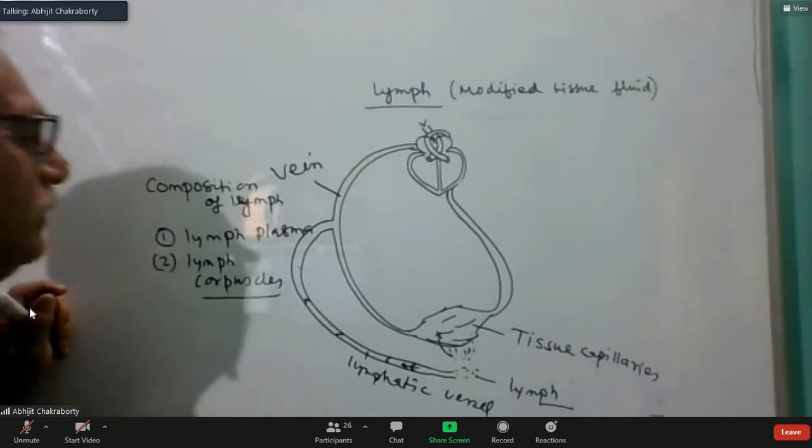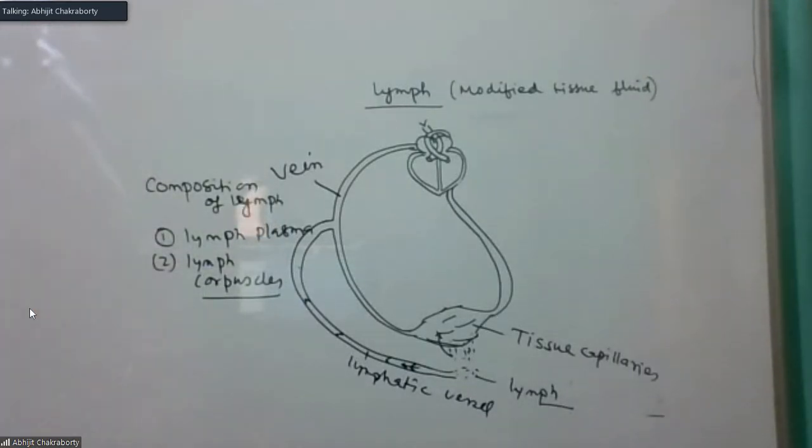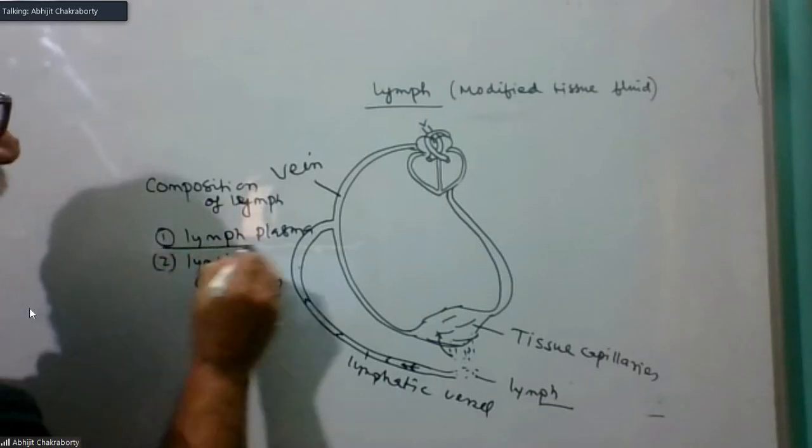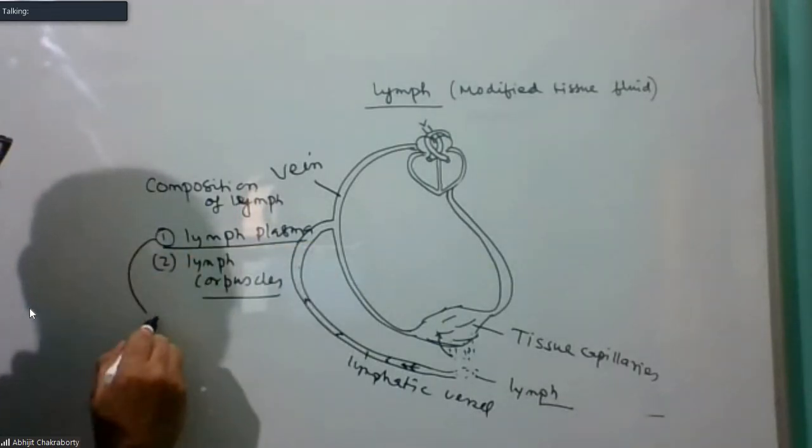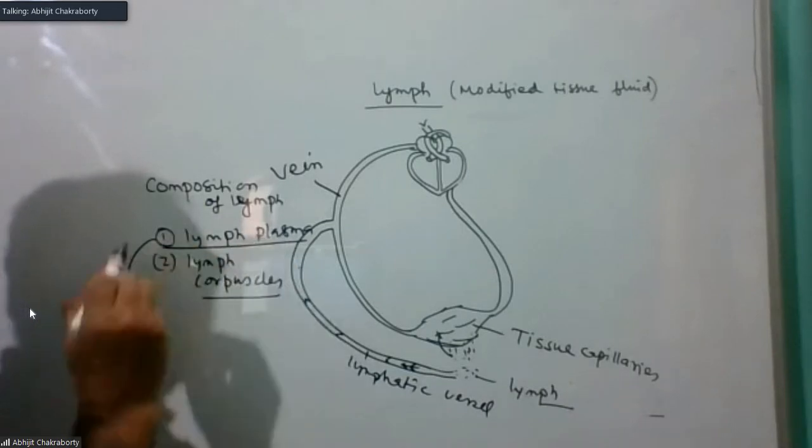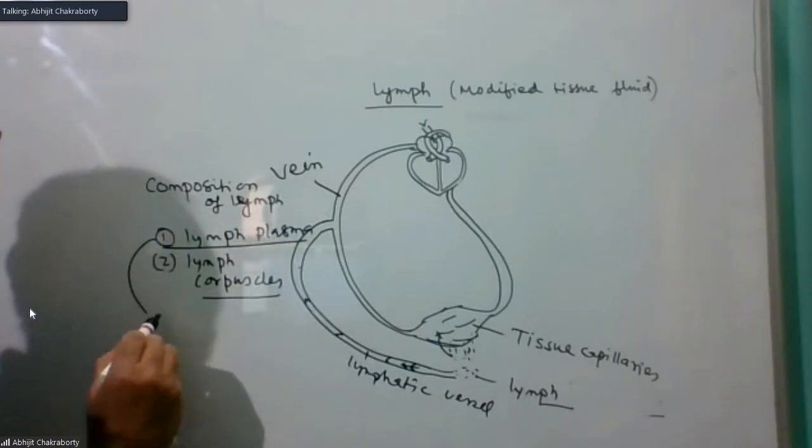In lymph plasma, the amount of calcium is less in comparison to blood plasma.